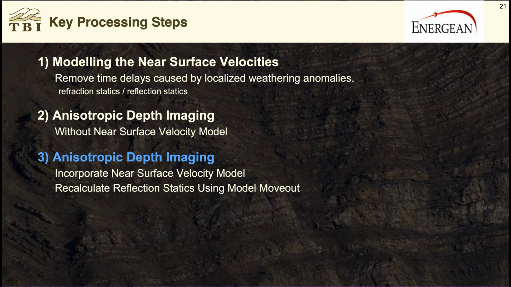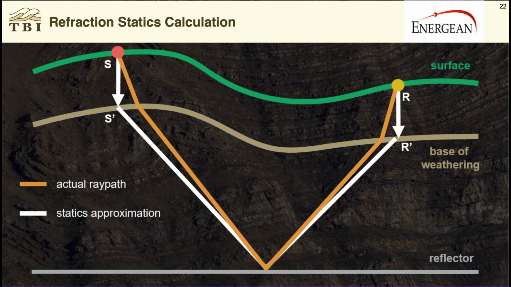Previously, we used the normal move-out equation, which flattens gathers using an RMS velocity field, which is less accurate the more the velocities change. So the first change is to remove the refraction statics.